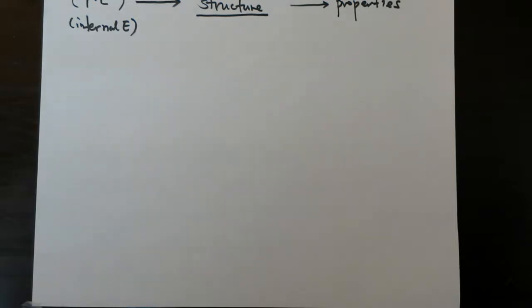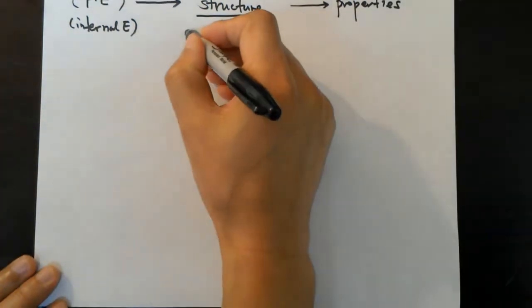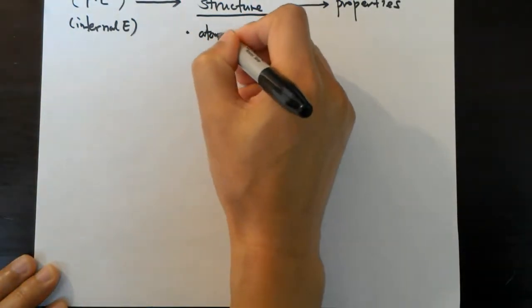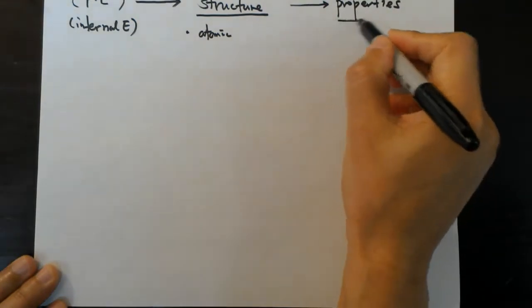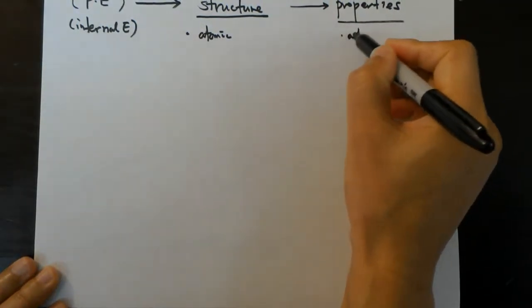The structure we talked about was atomic structures, such as size and electronegativity as atomic properties.